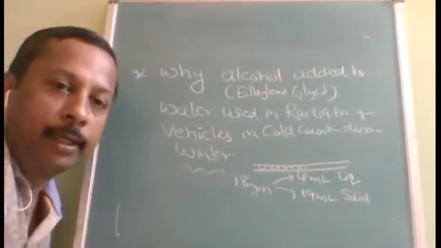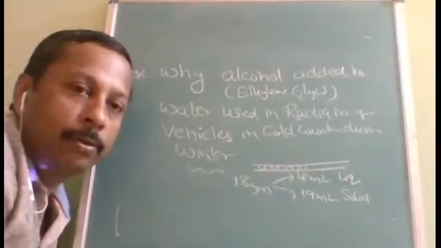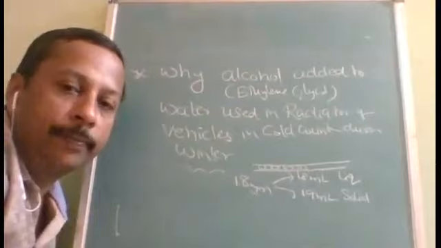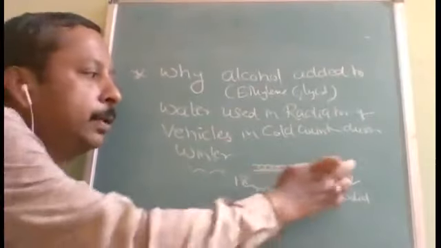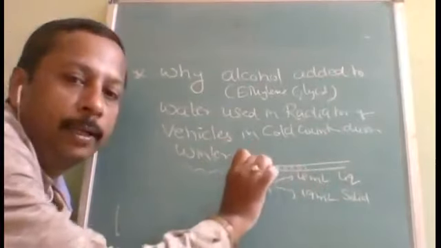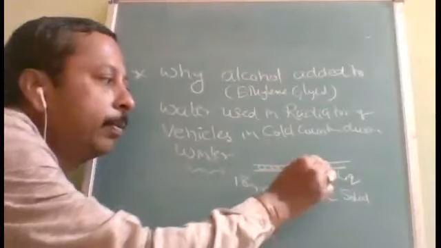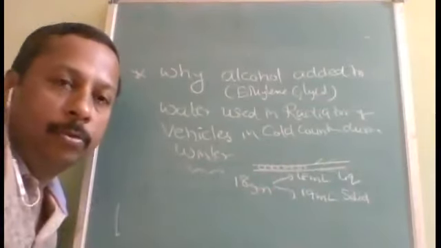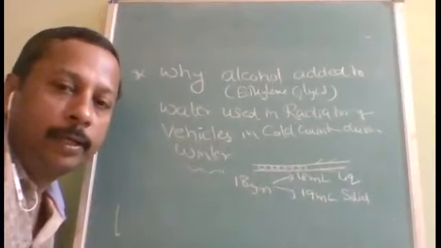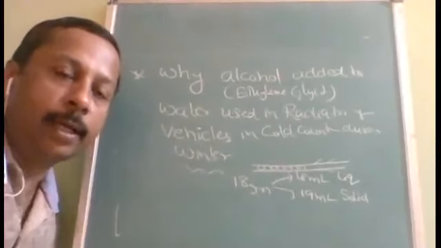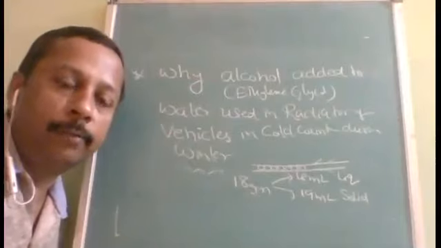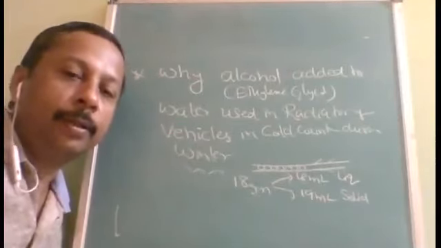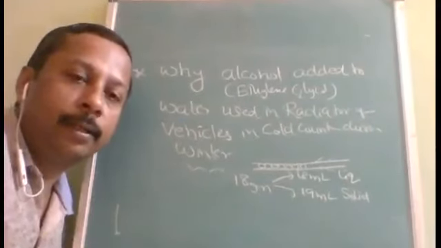I think you have studied this in chemical bonding also. What is the reason? Due to intermolecular hydrogen bonding. So this was 18 ml, now it will be 19 ml. This will produce cracks in the radiator pipe. So to avoid damage of the radiator pipe due to swelling, ice formation is avoided by adding ethylene glycol.